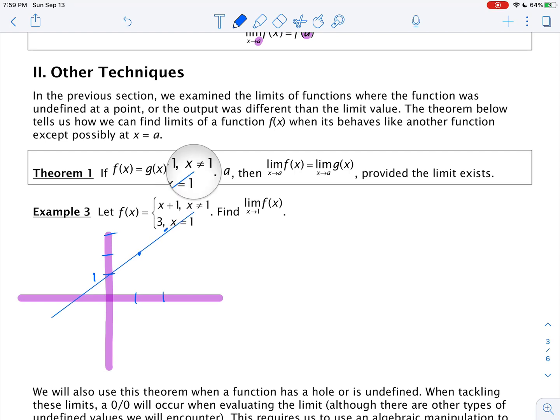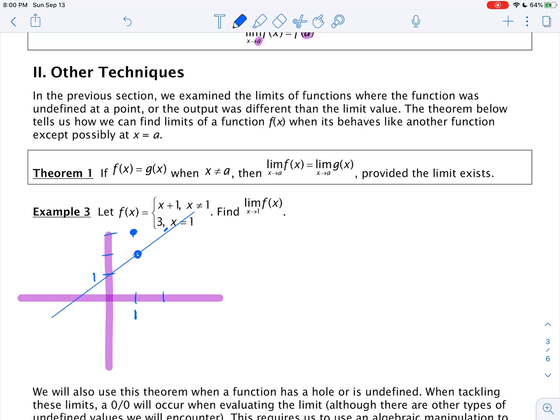But at x equal to 1, we would have a hole here, but we would have the function output is 3. So that would be the graph of this piecewise defined function. It still is a function because it passes the vertical line test.